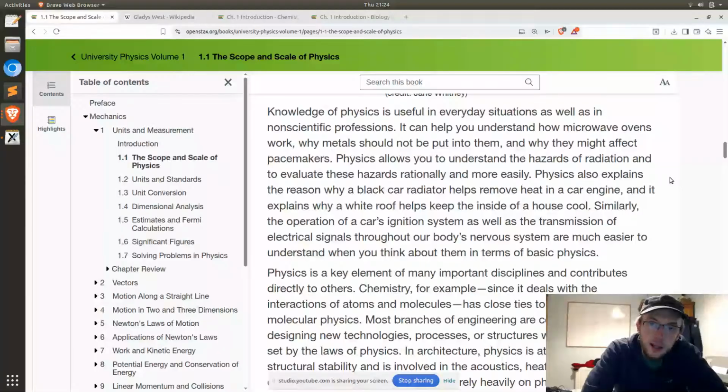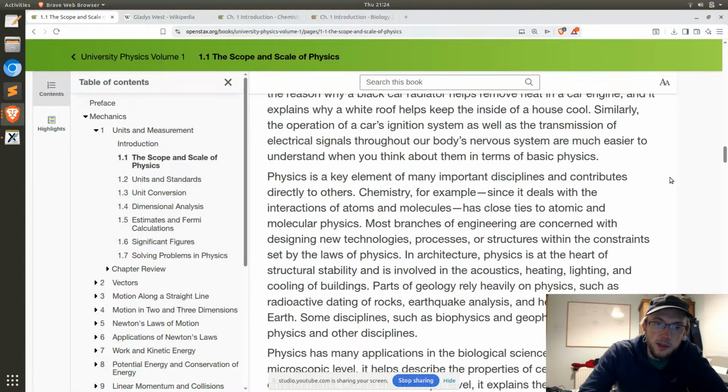Physics allows you to understand the hazards of radiation rationally and more easily. It also explains the reason why a black car radiator helps remove heat from the engine and why a white roof helps keep the inside of a house cool. Similarly, the operation of a car's ignition system, as well as the transmission of electrical signals throughout our body's nervous system, are much easier to understand when you think of them in terms of basic physics.